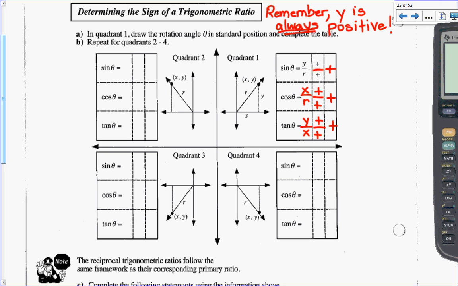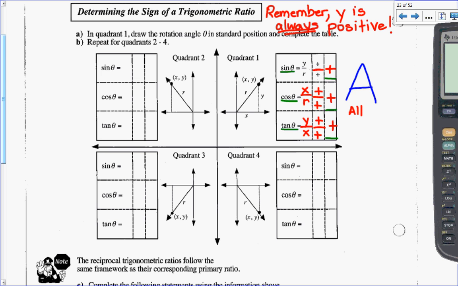What that means is that all three of these primary trig functions, sine, cosine, and tangent, would all be positive in quadrant 1. Okay, so remember, last year we came up with a little acronym that helped us to remember which quadrant each of the trig ratios were positive in. And so if all of the trig ratios are positive in quadrant 1, we put A, and that stands for all.